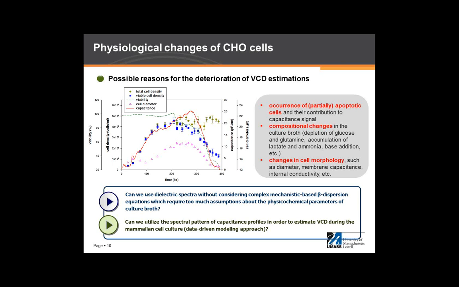Also, as part of this apoptotic process, compositional changes are caused by more culture growth and depletion of glucose and glutamine and so on, and accumulation of lactate and ammonia. At the same time, cell morphology also changes, such as the diameter, the membrane capacitance, and the internal conductivity. So those are all biological changes in the bioreactors.